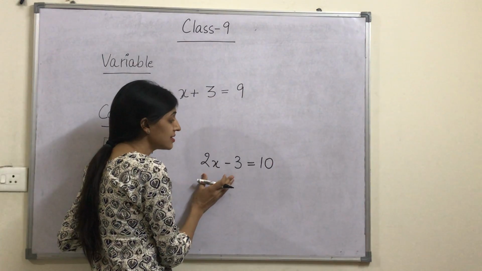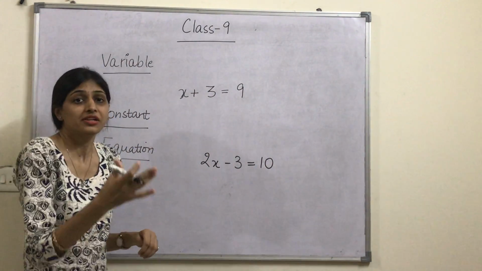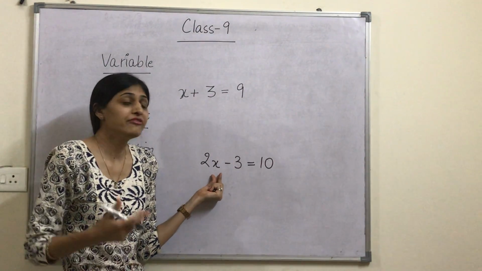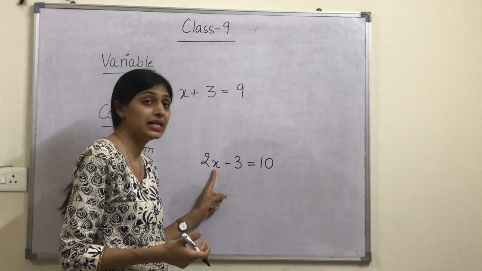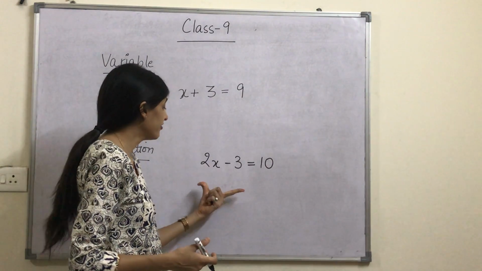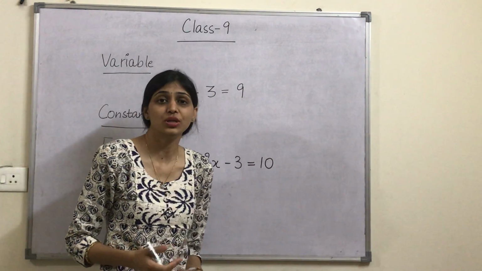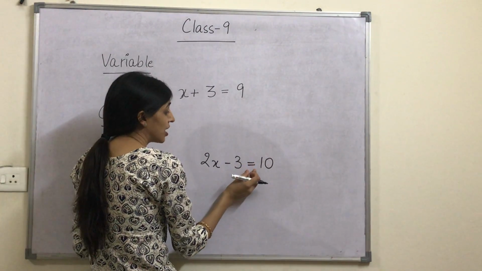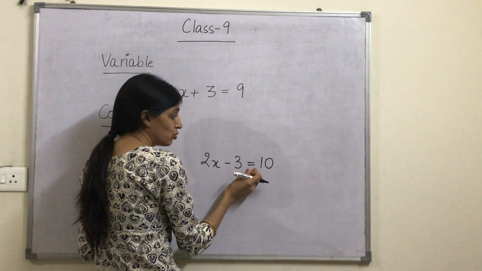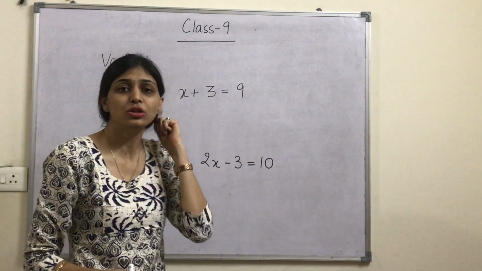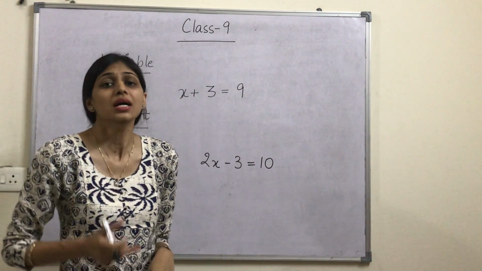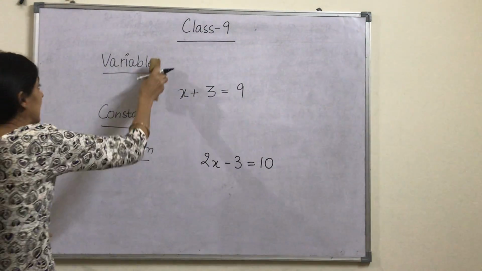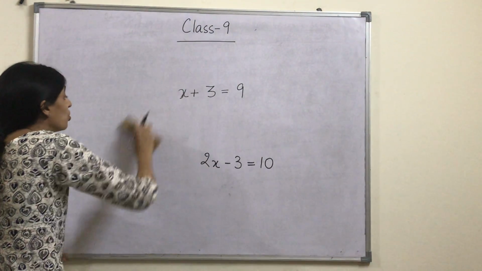Here the left hand side should be equal to the right hand side. We can find out the value of the variable, and when we put the value of the variable in the equation, we find that the left hand side is equal to the right hand side. So both the expressions which are equated using an equal to sign must be equal to each other when we talk about an equation.